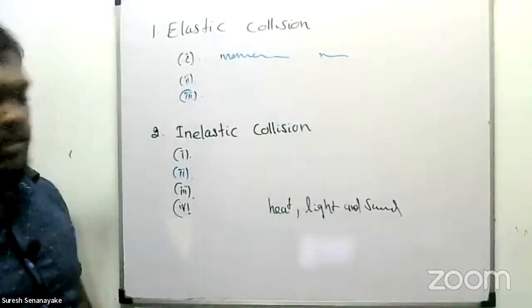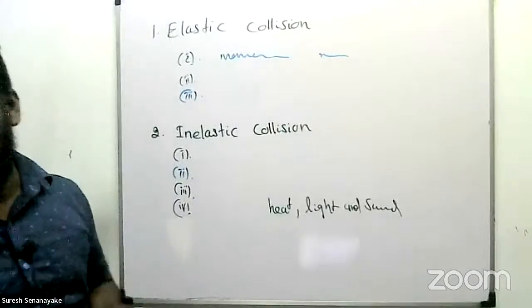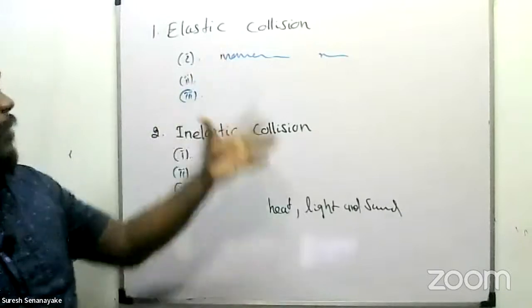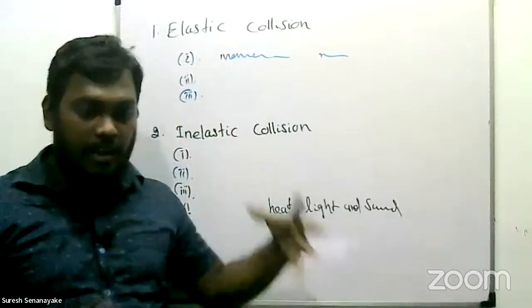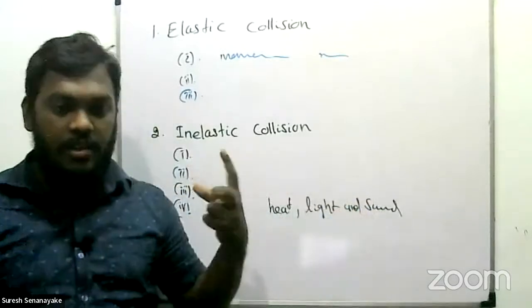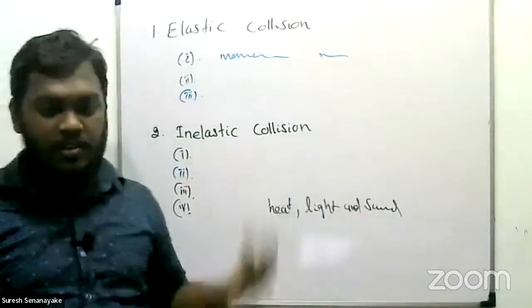So these are the properties of those collisions. Another thing you need to know: if two bodies collide and then they stick together, moving as one body, we call that collision perfectly inelastic collision.